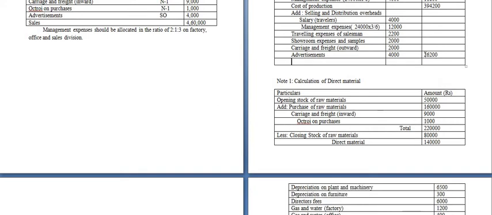Now we have to find out cost of sales. Now cost of sales means total of selling and distribution overheads and cost of production. Okay, so total is 4,20,400. Okay, this is cost of sales.